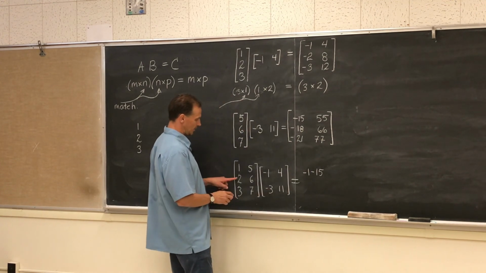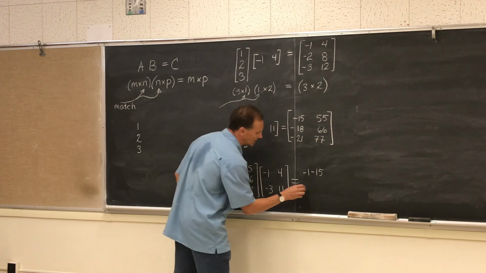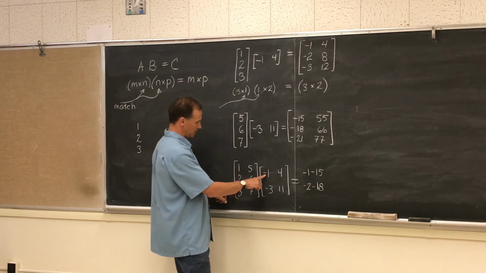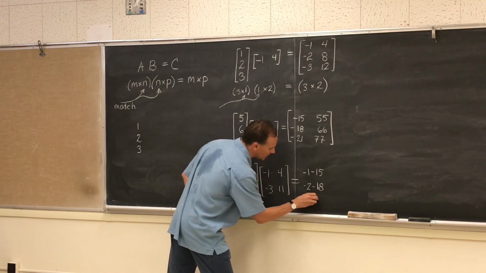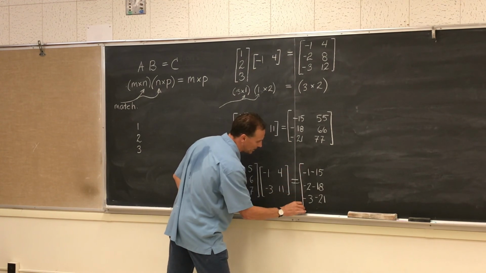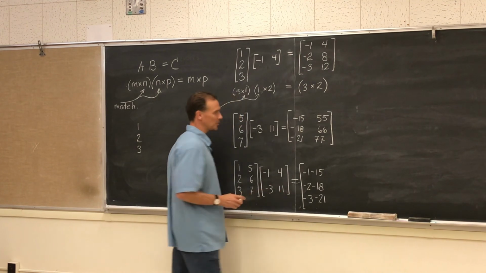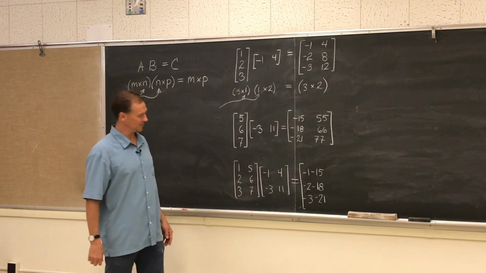And then my next entry will be -2, -18. And then I'm going to have a -3, -21. And I know you probably just want to write -16 and -20 and -24. And you can do that. That's fine. But you'd miss the point.